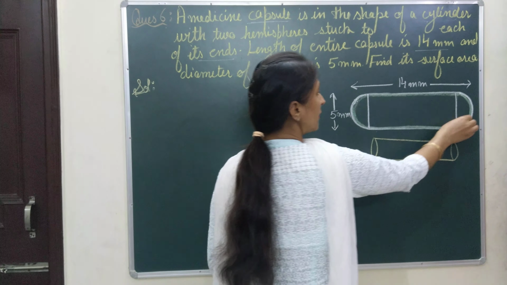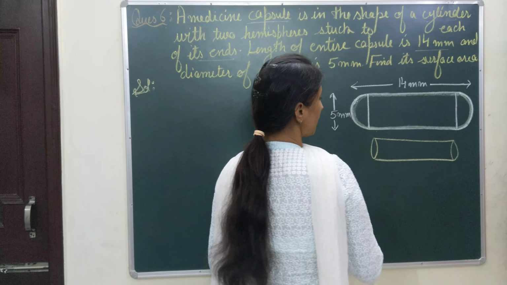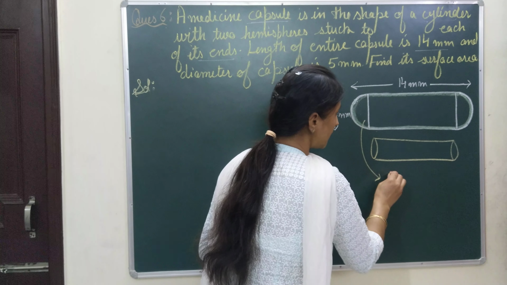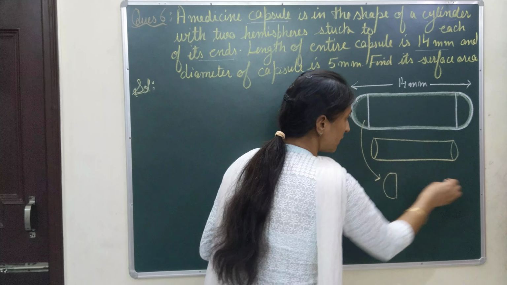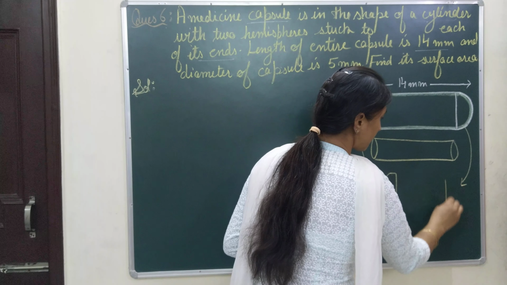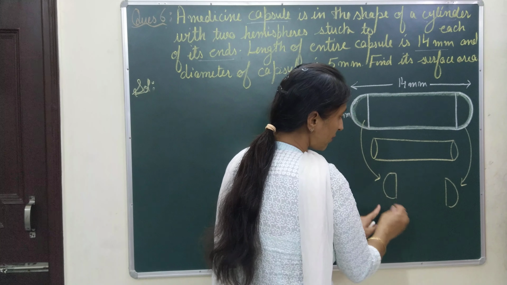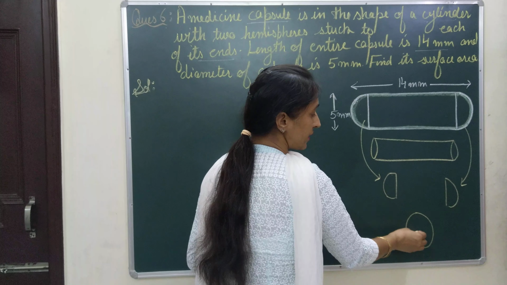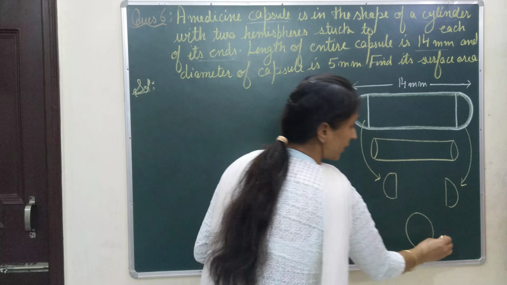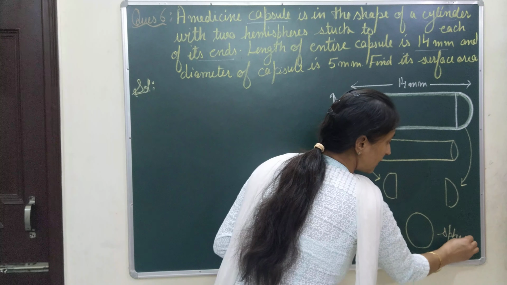Then what about these two hemispherical ends? Suppose I have taken both the ends out, and I try to join both hemispherical ends, then what shape will it take? It will be a complete sphere.